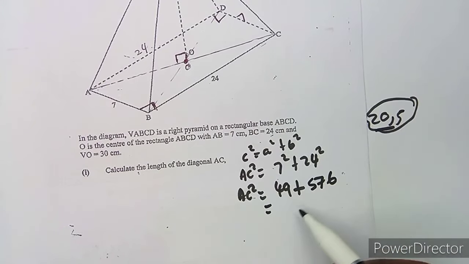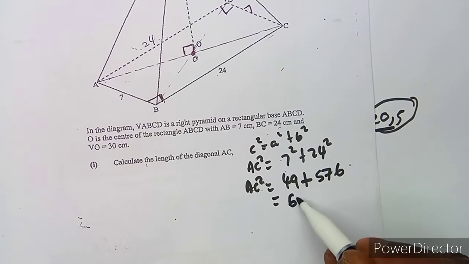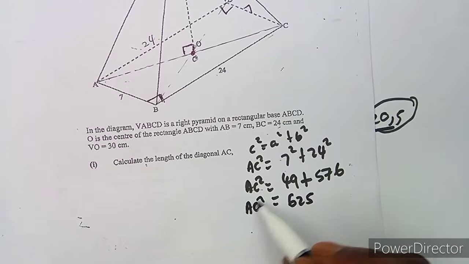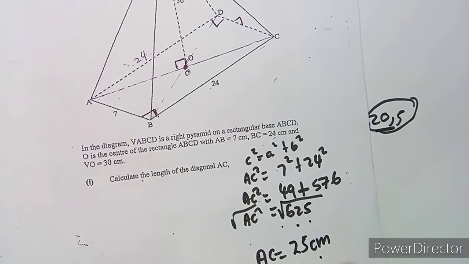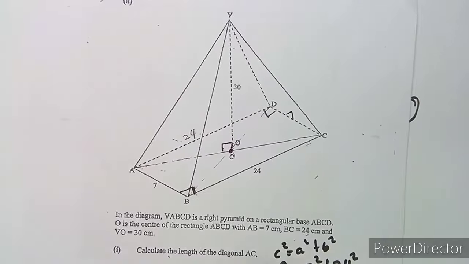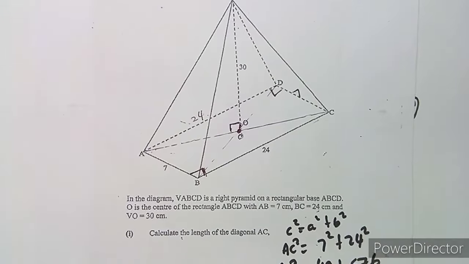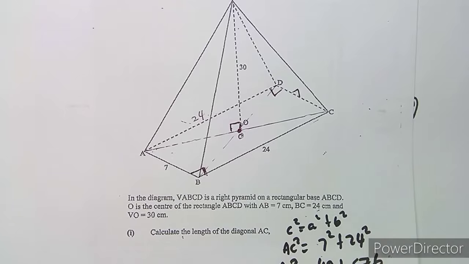So if I add these two from my calculator, that's 625, which is AC squared. So to find AC, simply take the square root. So AC is going to be the square root of 625, which is 25 centimeters. So that's what we have, guys. From A to C, we have got 25 centimeters in this case.